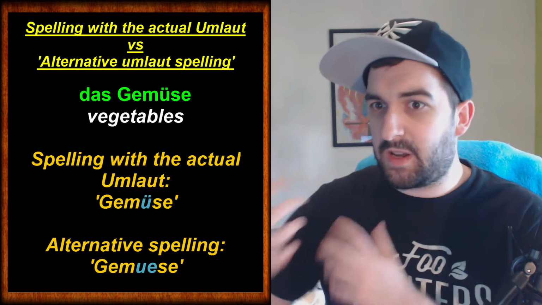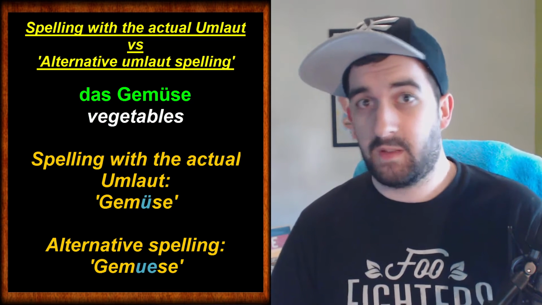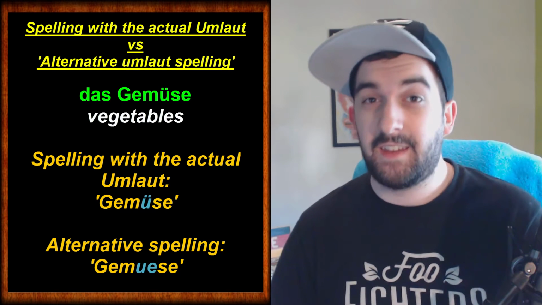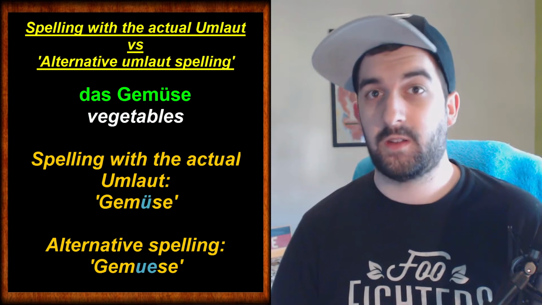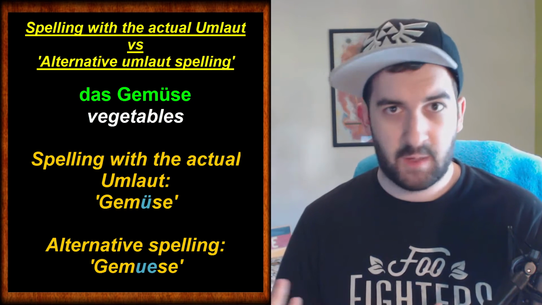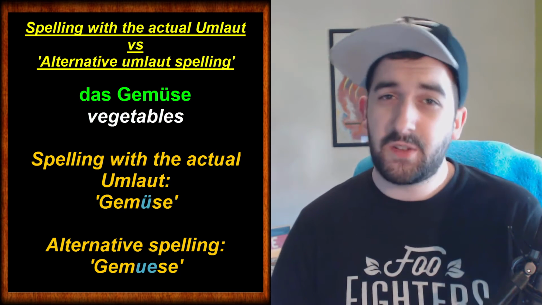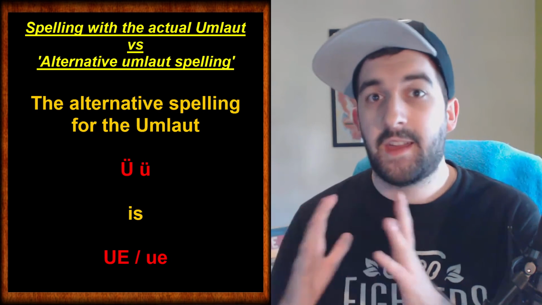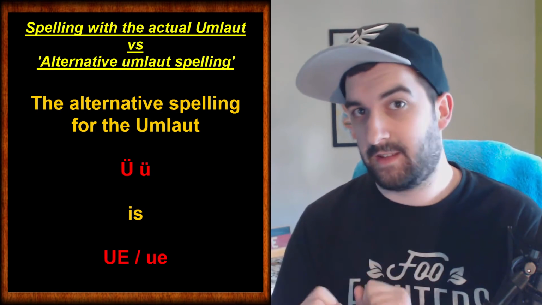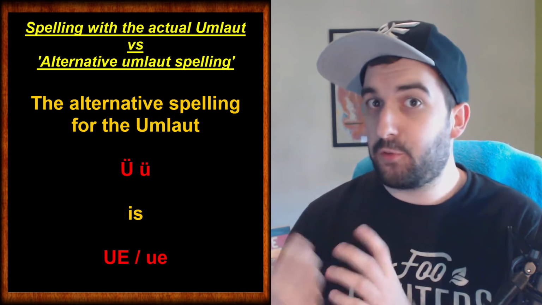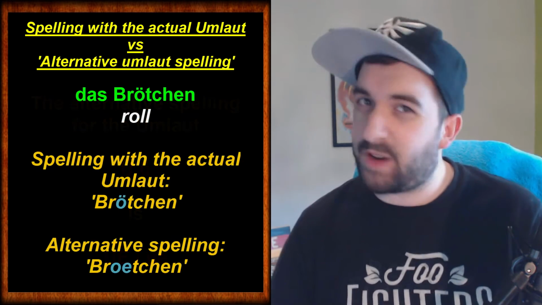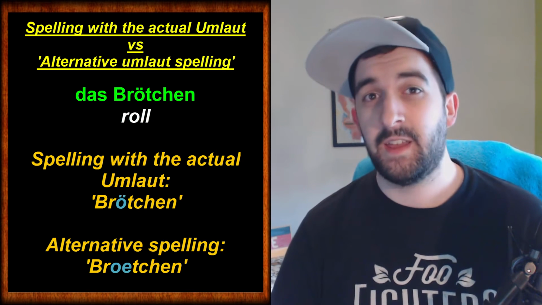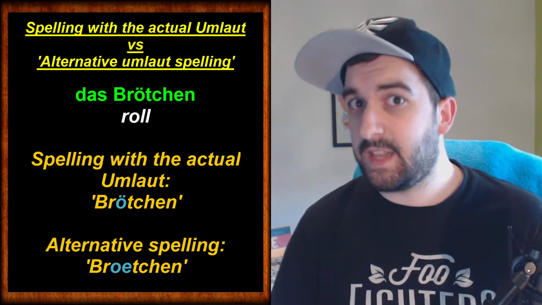So take a word like das Gemüse, vegetables. You could spell it the standard way, G-E-M-Ü-S-E, with the actual umlaut Ü, but you could also spell it like this: G, E, M, U, E, S, E, instead of Ü. A quite frequently used word with Ö in the German language is das Brötchen, and well, the same is possible here.